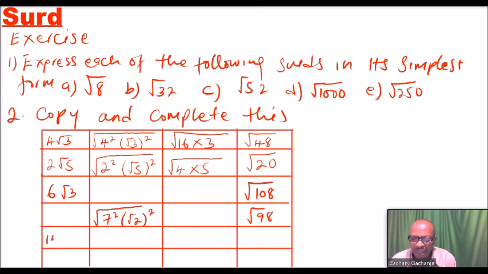Then we have 13, the root of 10, that is missing. Here we have the root of 169 multiplied by 10, that is missing. And finally, we have 13, the root of 10. The others are missing. So you can fill that table just like we have, by studying the first and the second row, you'll be able to complete that.